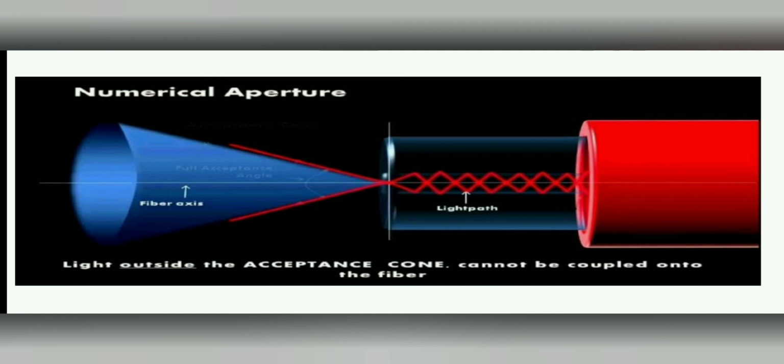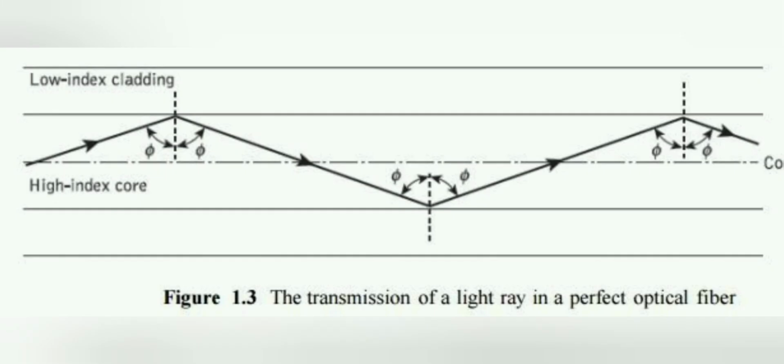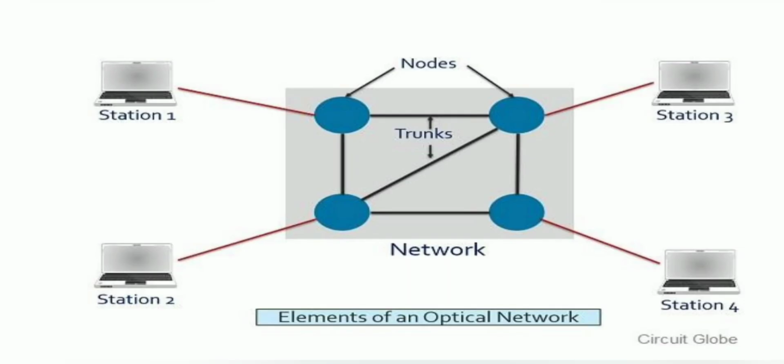Now we learn something about the elements of optical networks. Optical networks are basically composed of the following elements. Let's see the diagram. It's a station. A station in an optical network serves as the source and destination of the information being transmitted and received.